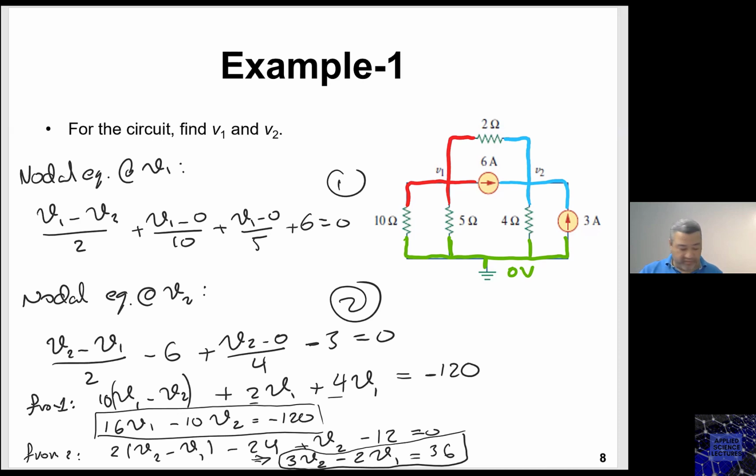Now here, let me write down those two equations. So we continue solving. We have 16V1 minus 10V2 equals minus 120, and minus 2V1 plus 3V2 equals 36. Feel free to try solving those two equations as well. It's a good practice while I'm solving them as well.